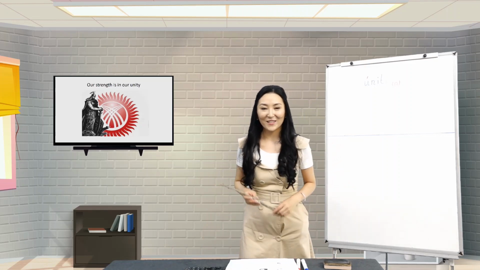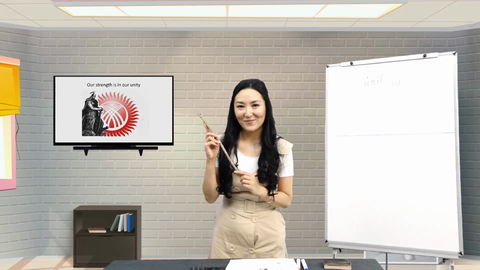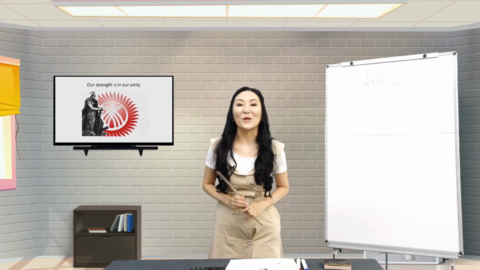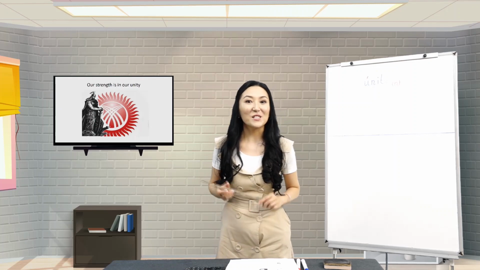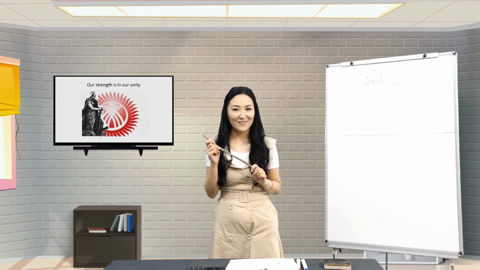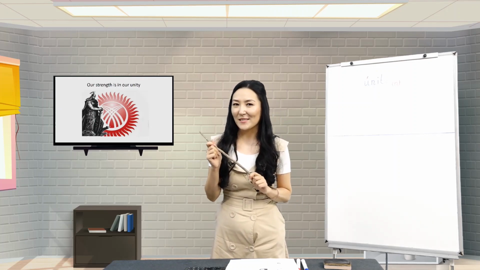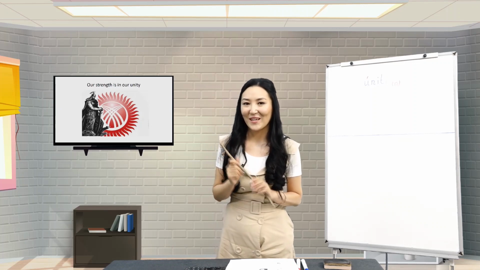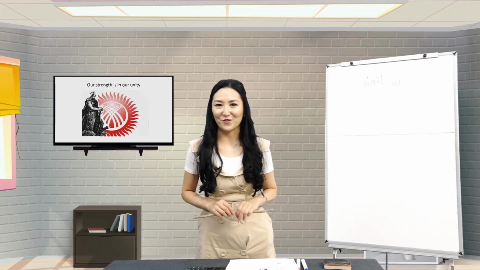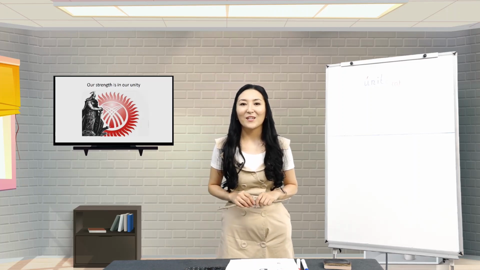All right. What is this? It's a twig. Is it a small branch of a tree? Yes. Is it a metal? No, it's wood. Now, repeat this word after me. Twig.